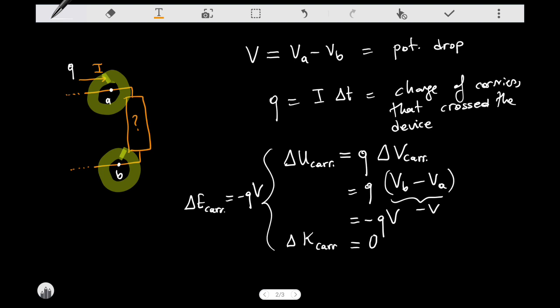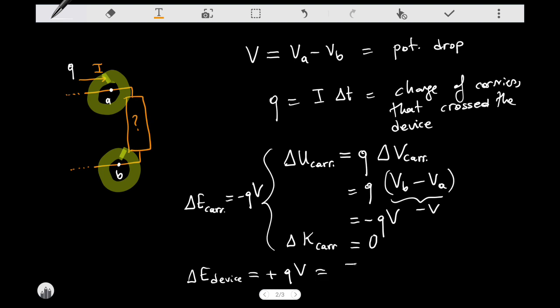So because of the conservation of energy, the energy of the device should also change, and that would be the opposite of the change in the energy of the carriers, because there's an energy exchange between the device and the carriers. So the change in the energy of the device is Q times V.